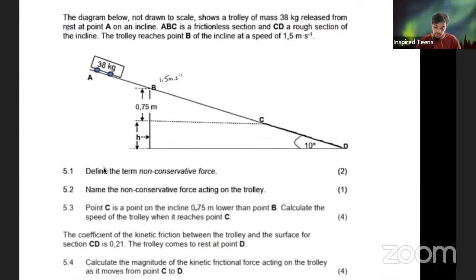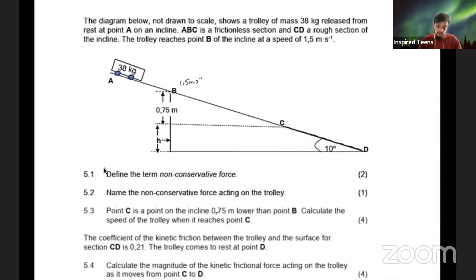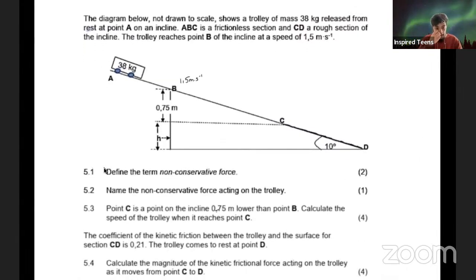Okay, no, let's not do this question first. We have to do this question first, sorry. Indubitably. Okay, perfect. There we go.